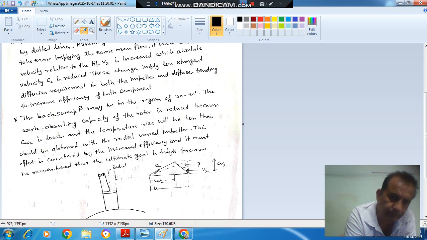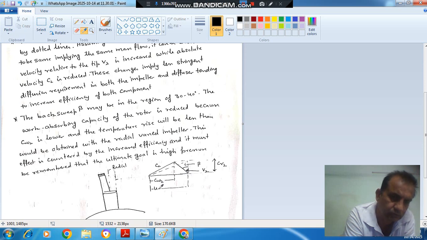And now this will be your CW2, and this will be your U. Initially CW2 and U were equal, but now CW2 will be less than U, and one thing has to be noted, that still there is no slip. In the radial case there is no slip and CW2 is equal to U. In this case also there is no slip, but CW2 is not equal to U. That is due to this back sweep of the blade.